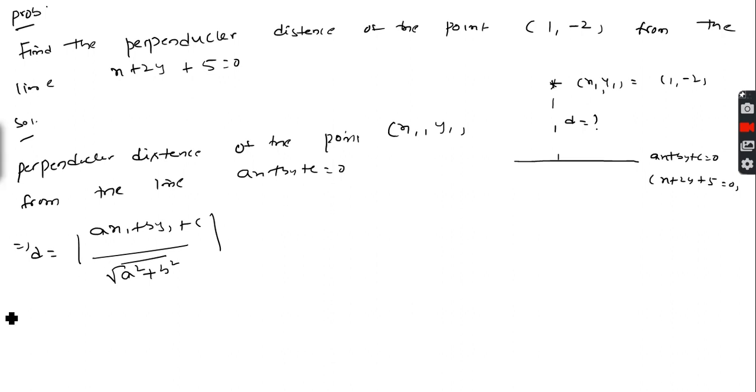Therefore, here (x1, y1) is (1, -2) and the line ax + by + c = 0 is x + 2y + 5 = 0.